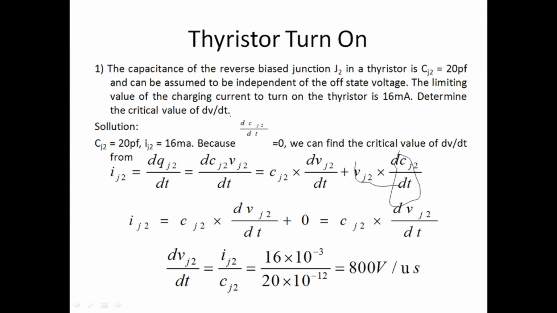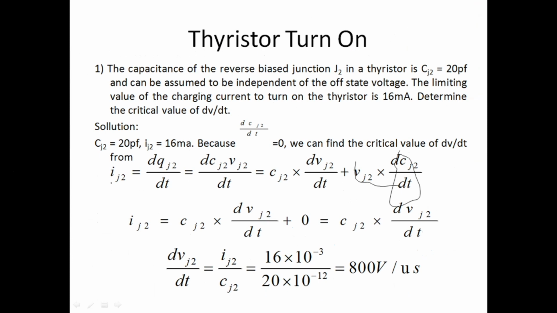First of all, we need to find out the maximum value of dV/dt that can occur. He has given the maximum permissible charging current, 60 milliamps, and within that it should occur.